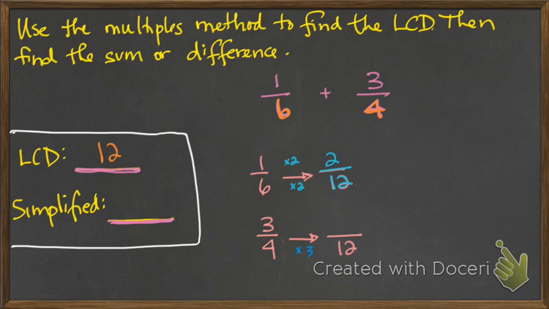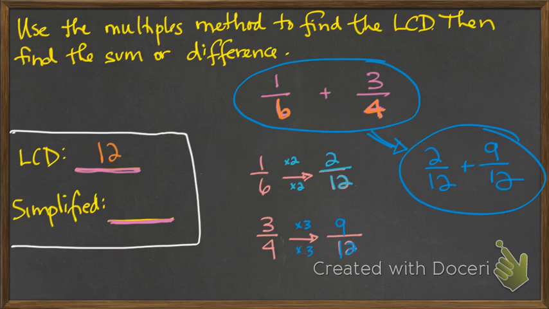So if we multiply the denominator by 3, we also need to multiply the numerator by 3. We get 9. So 1 6 is the same as 2 12s, and 3 4s is the same as 9 12s. So we just changed that.